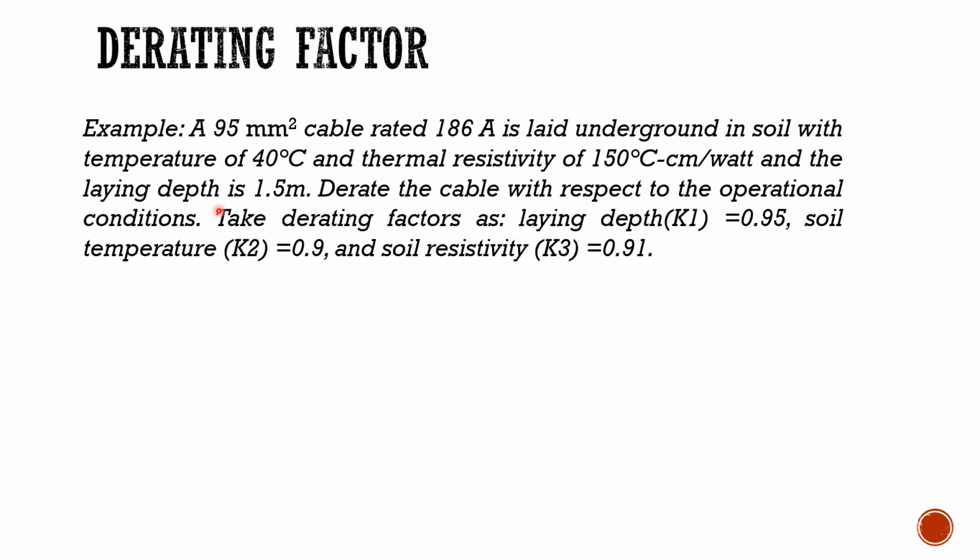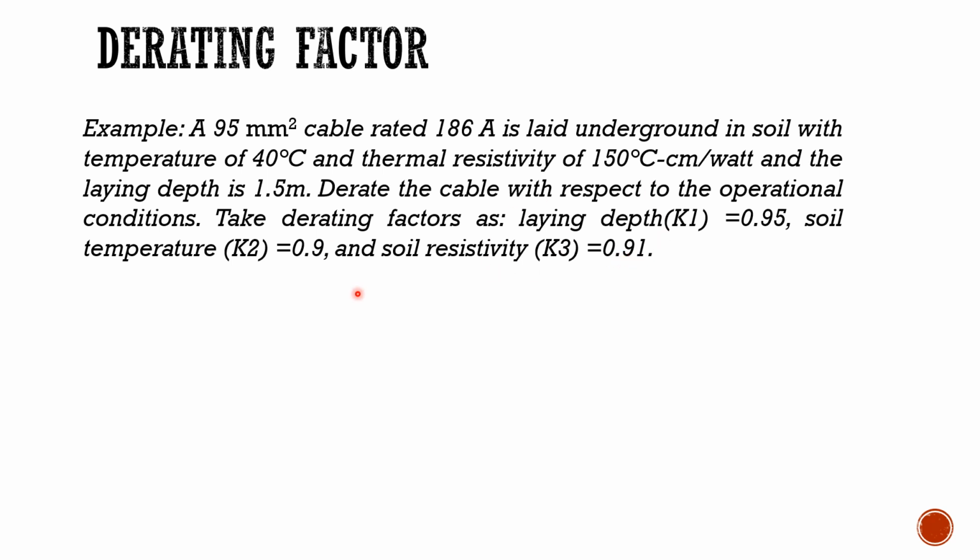And the laying depth is 1.5 meters. The question is, derate the cable with respect to the operational conditions. Taking the rating factors as laying depth K1 is 0.95, soil temperature is 0.9, and soil resistivity is 0.91.